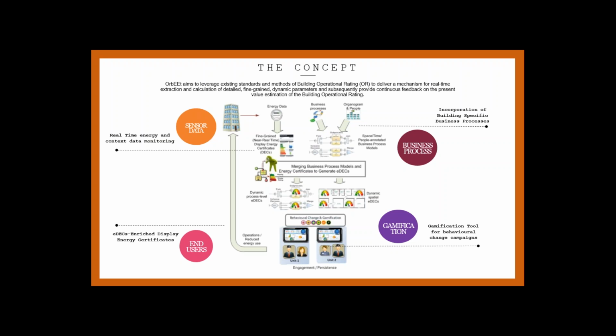We further incorporate business processes as a core element of the buildings in the analysis, because the building occupants are the ones that trigger the actual activities in buildings and lead to energy consumption. So we need to incorporate this very important parameter into the overall analysis.